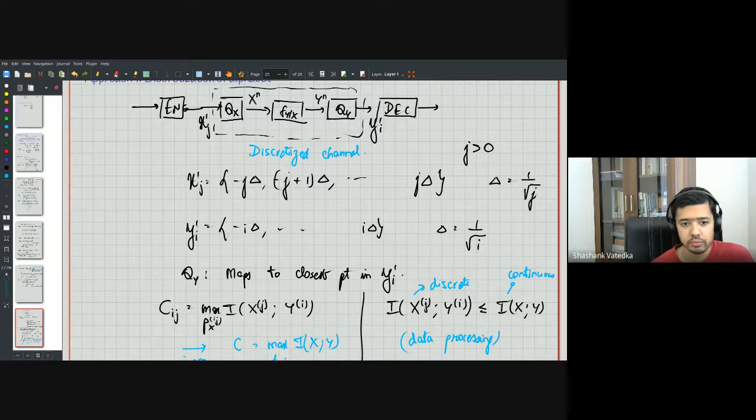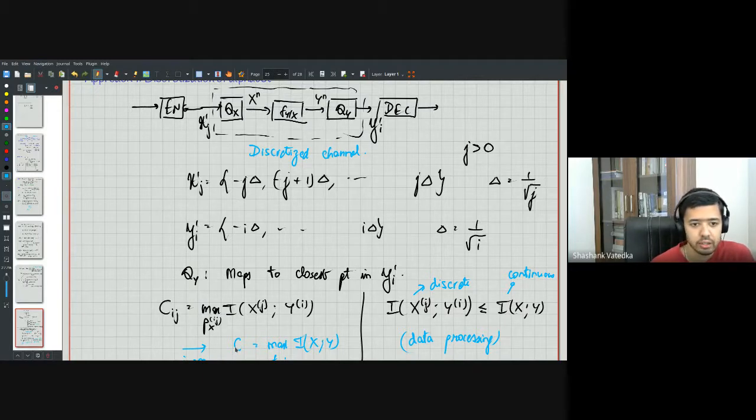Okay, so one thing to note here is that when you're discretizing the channel, it's important to see what happens to the discrete alphabet as you let I and j tend to infinity. After all, not every quantization scheme works.